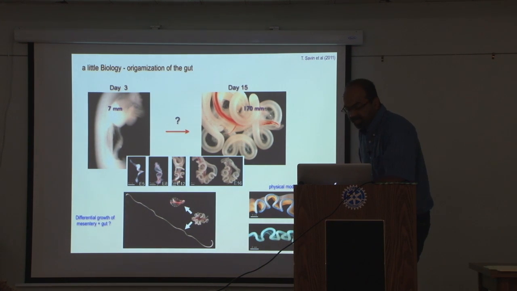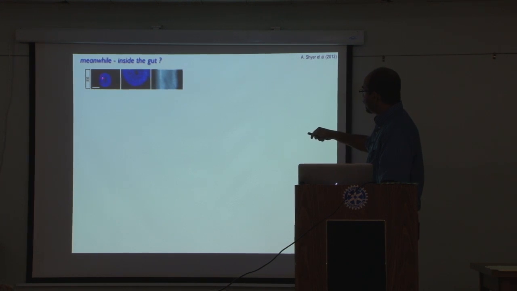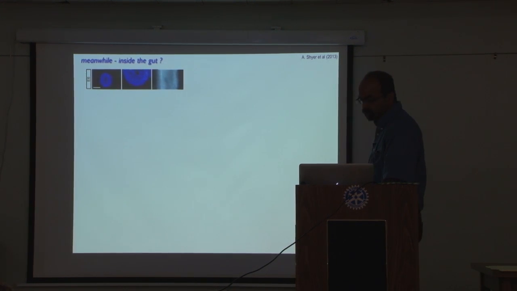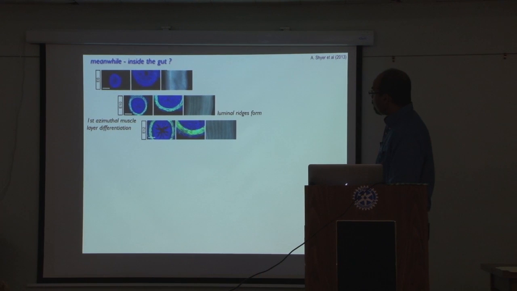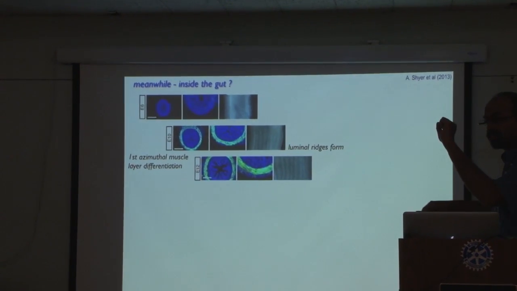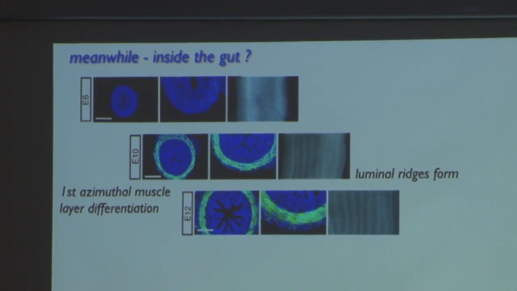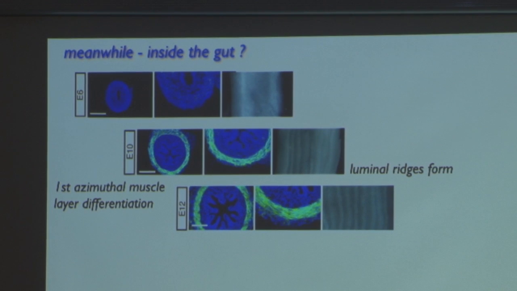What happens inside the gut? If I make a cut along any cross-section of the gut, the inside is initially very smooth. After a while, you find that muscles start to develop, the muscles which allow food to propagate along, and these muscles are originally oriented in a circumferential direction, so you can squeeze this way.